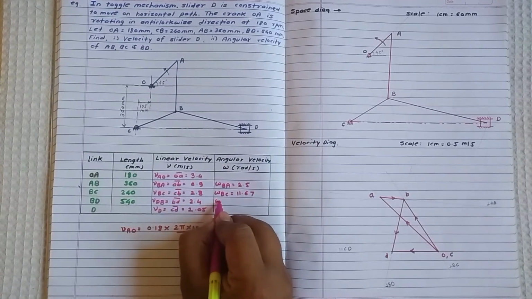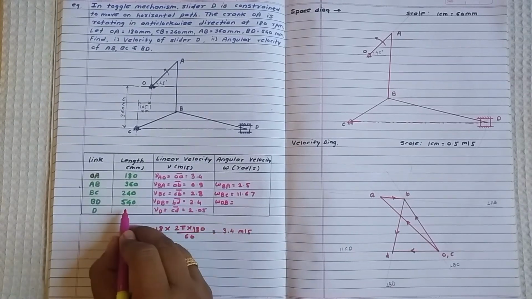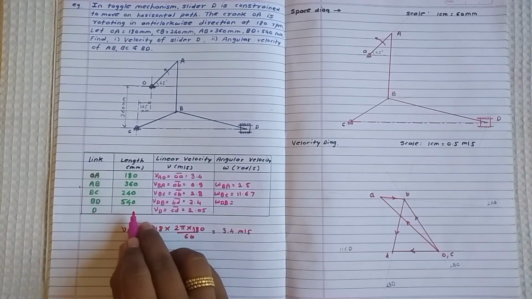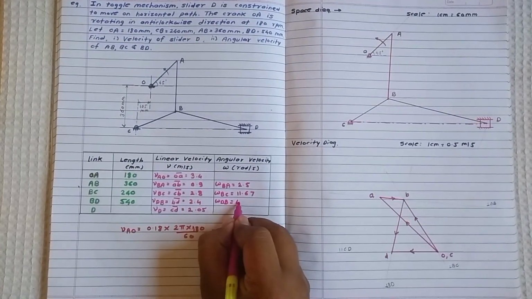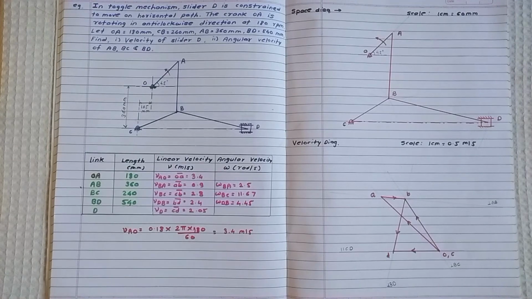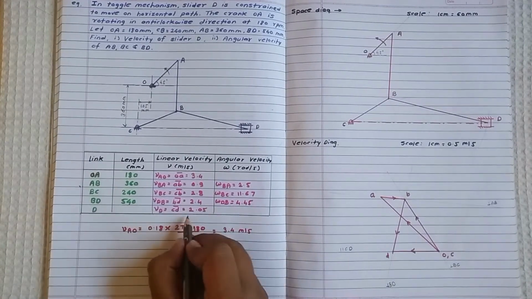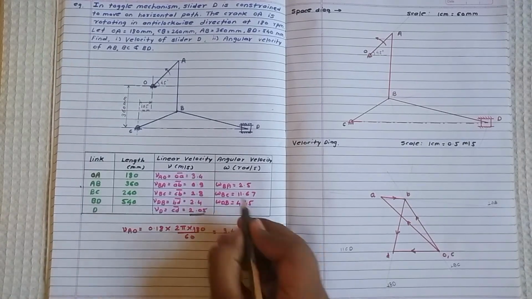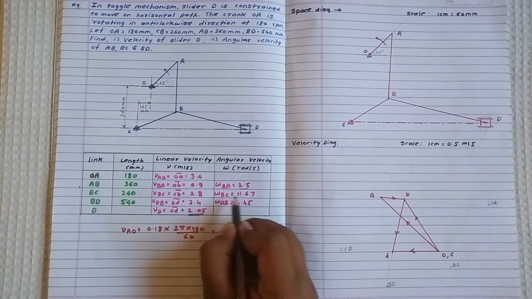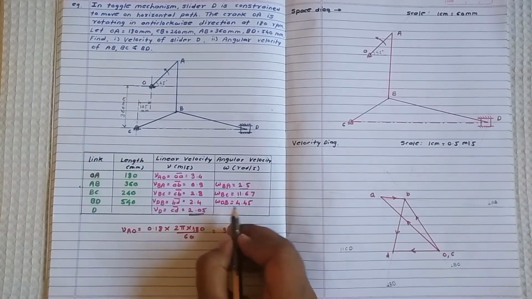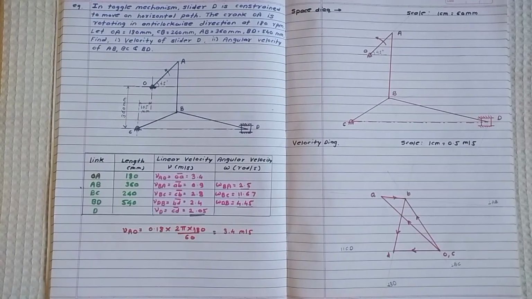Next, omega BD is equal to V of DB divided by DB, that is 2.4 divided by 0.54, which is 4.45 radian per second. So the answers are: velocity of D 2.05 meter per second, angular velocity of AB 2.5 radian per second, angular velocity of BC 11.67 radian per second, angular velocity of BD 4.45 radian per second.